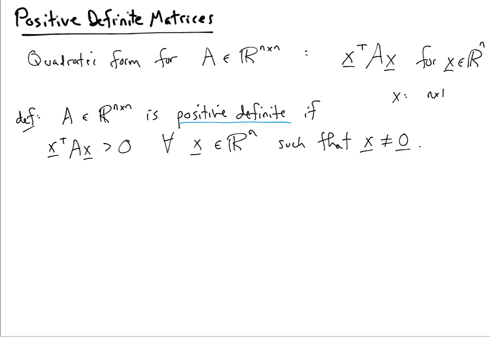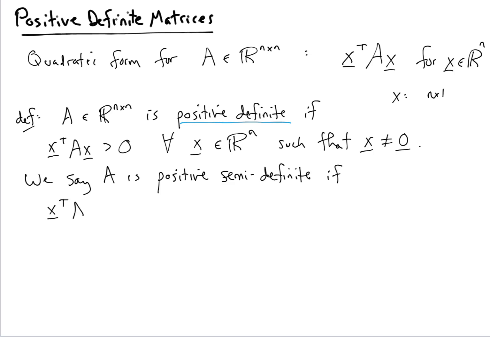We also have a weaker version of this. We say A is positive semi-definite if x transpose Ax is greater than or equal to 0 for all x in R^n.